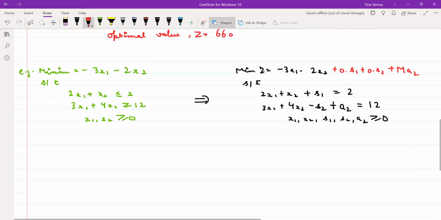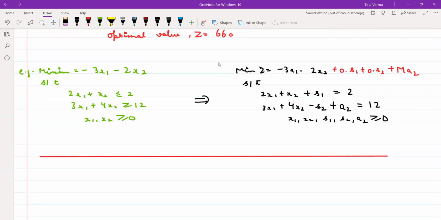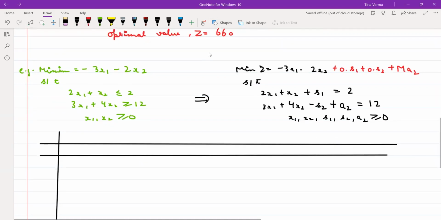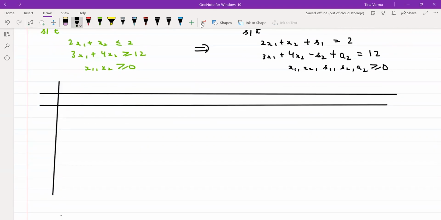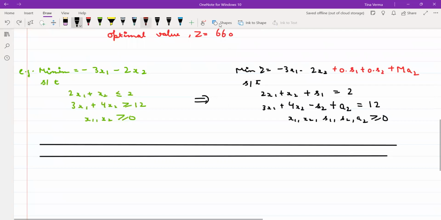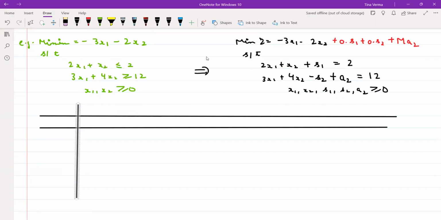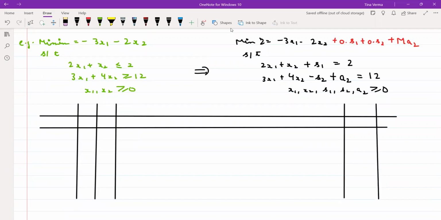So when you start the iterations, the artificial variable you always add to make the identity matrix, right?